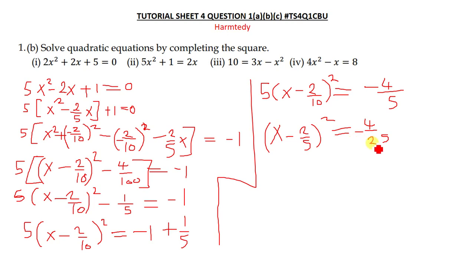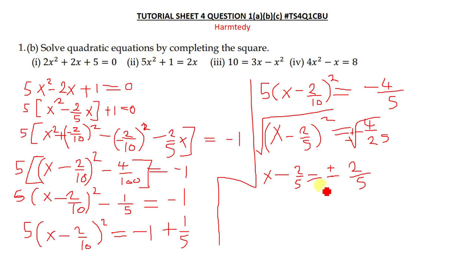So this is a negative. Then from there you square root both sides. When you find the square root of both sides there, you're going to have x minus 2 over 5 being equal to plus or minus 2 over 5. So if you've not done complex numbers, you just say no solution. Here, when you reach this part, you just say no solutions.